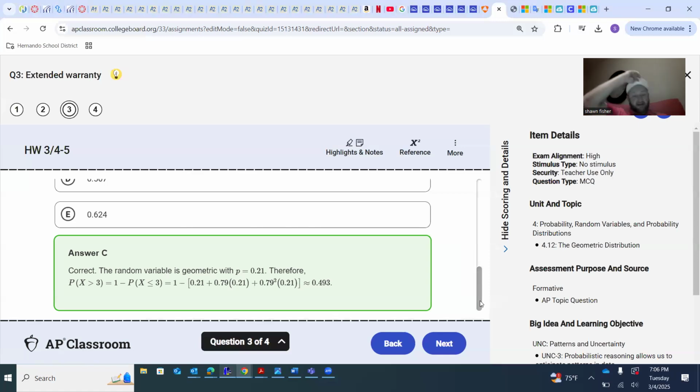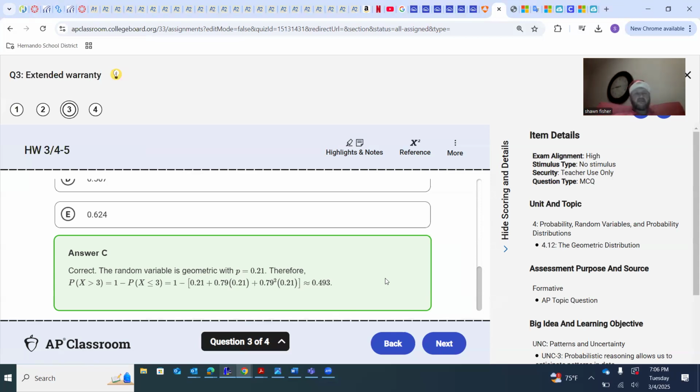And this is the way that you want to do it. If it said I want to find the probability of X, which is our random variable, being greater than 3, not equal to 3, greater than 3, which means 4 or more, right? Or if you want to think about continuous, 3.1 or more, 3.2 or more.